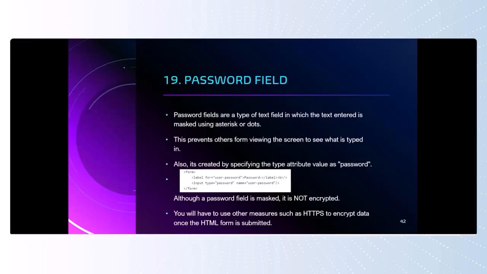So in this example, we have the input type equals password. It's masked, but it's not encrypted. There are still other things you will have to do to encrypt the data so that when it's sent to the server, it is kept secret.